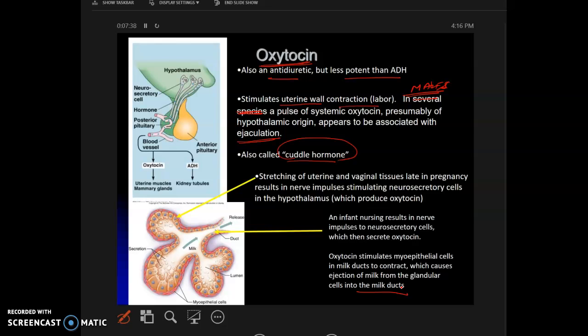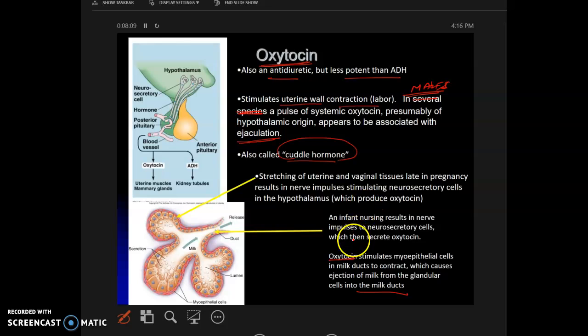And that's why, after labor and delivery, the mother is told to nurse the baby often, so that the oxytocin is going to be released, and the milk production is going to also stimulate the oxytocin, and the oxytocin is going to cause the contraction of the what? Uterine walls. Okay, and vice versa.